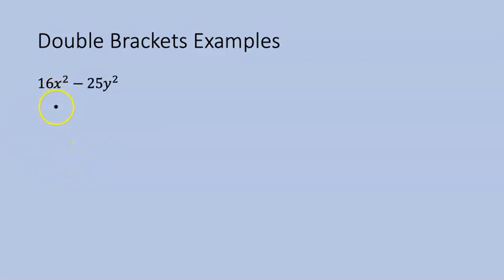Now if I do this one, it's no different. Why? Because it's still a difference of squares. 16 is a square number, and x squared is a square number. A square number times a square number, and you're going to need to know this for the course later on, is also a square number.